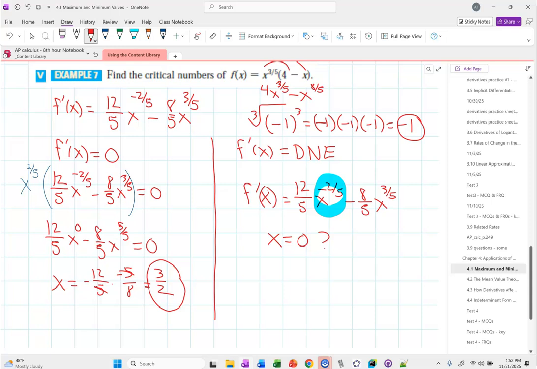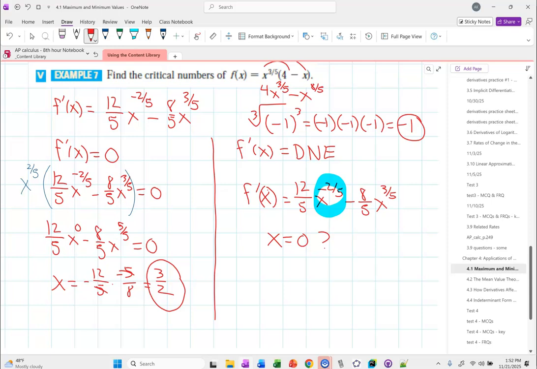You can definitely do the odd root of negative values. Is everybody convinced? Where do I get problems, though, doing roots of negative numbers? For even roots. So square roots, fourth roots, sixth roots, those are a problem.